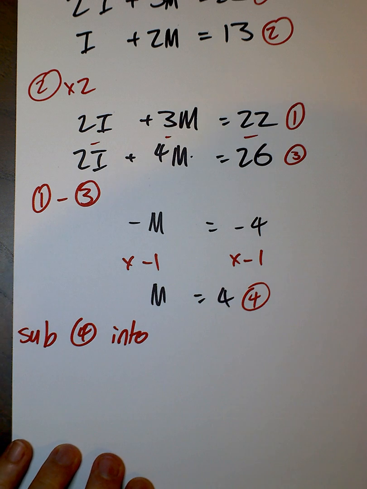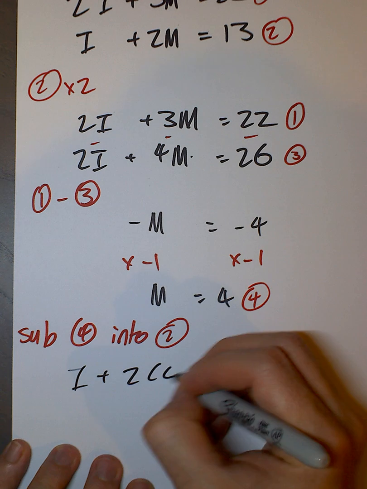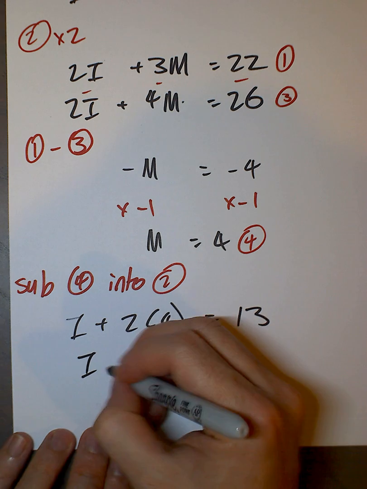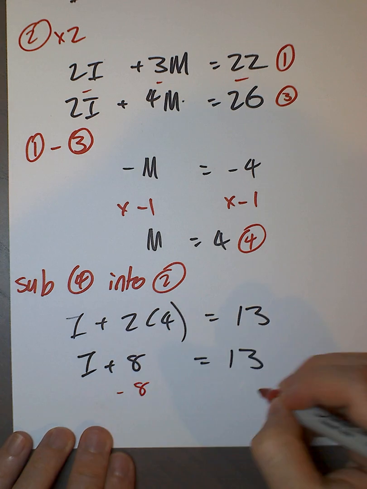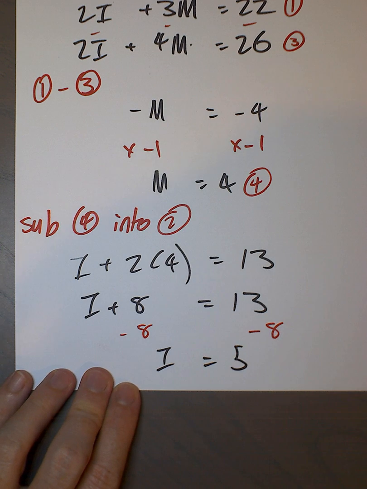Write down what you're doing. i plus 2 in bracket 4 equals 13. That's going to give me i plus 8 equals 13, minus 8 from both sides. i will equal 5. Okay, and that's what we got previously.